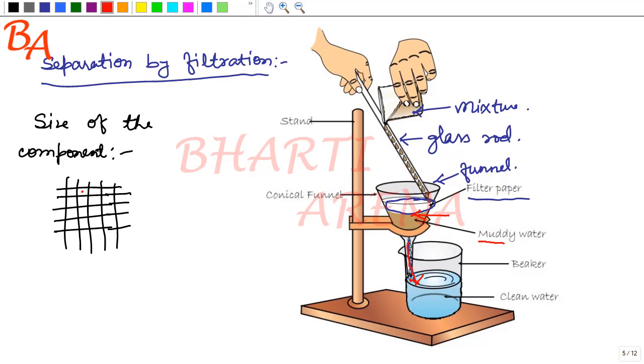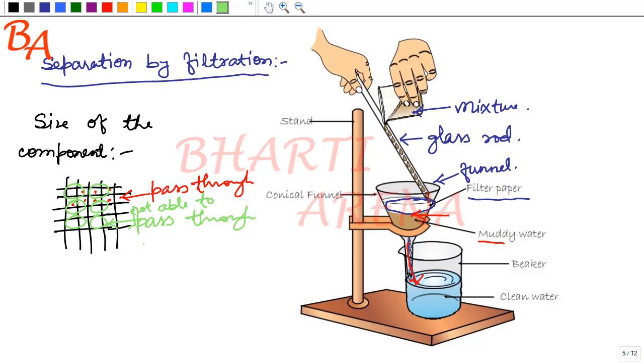So any component having size less than this pore will pass through the filter paper, and any having size greater, like this one, will not be able to pass through the filter paper.